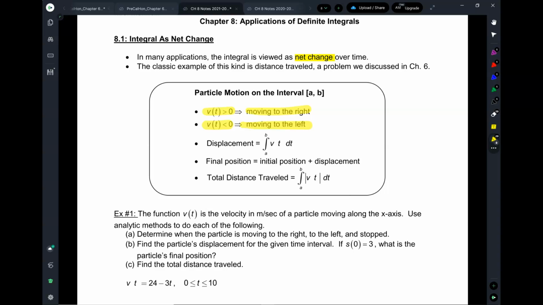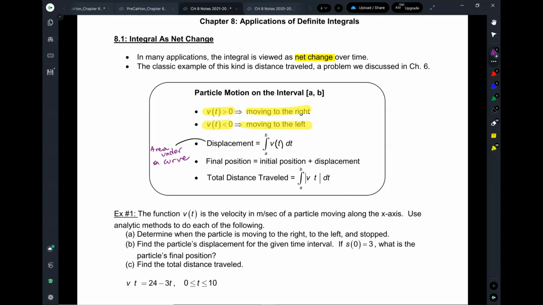We also talked about displacement as the integral from a to b of v of t dt. Remember, initially we first found it as area under a curve, and then we said, wait, that's also the integral.